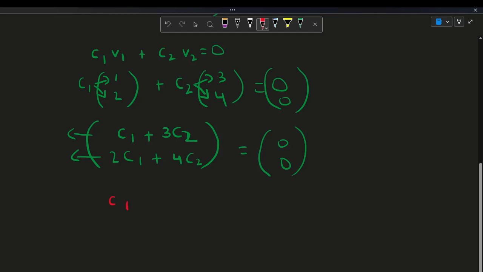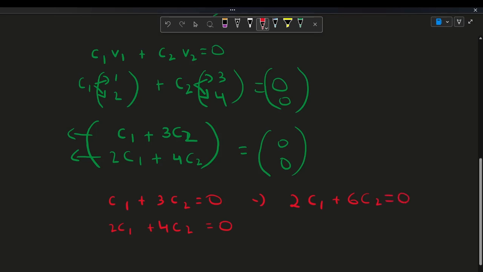So we have C1 plus 3C2 is equal to 0, and 2C1 plus 4C2 is equal to 0. We can solve this system by first multiplying the first equation by 2. That would give us 2C1 plus 6C2 is equal to 0, since 0 times 2 is still 0.